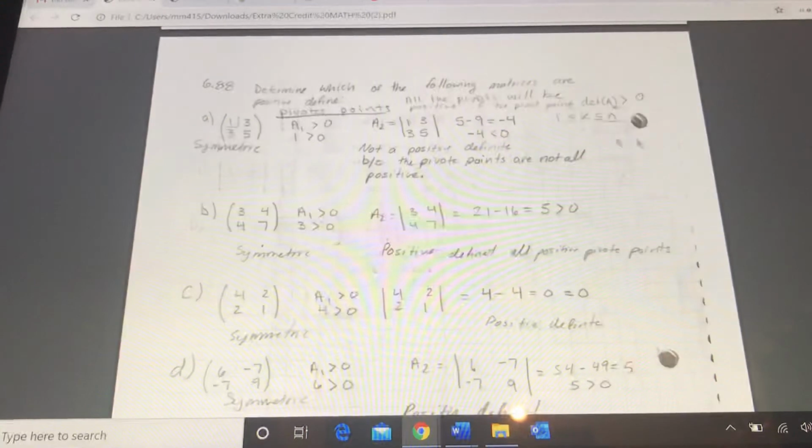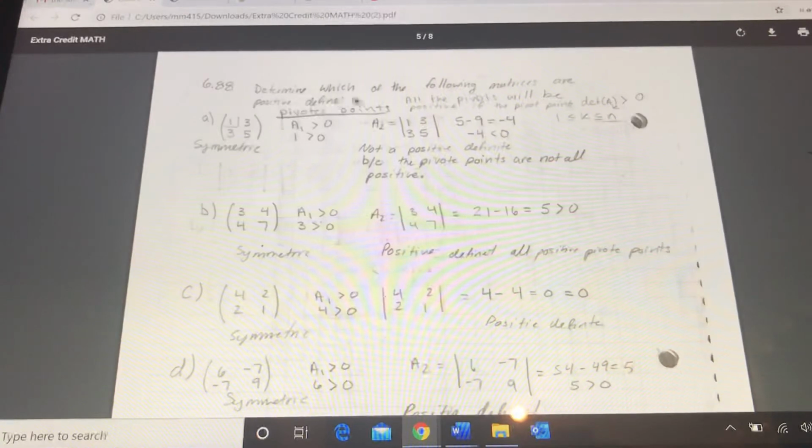Here we have to determine if the matrices are positive definite. I wrote it wrong here, but basically what I chose to do is, if it's symmetric, I'll find the pivot points and ensure that the pivot of the matrix is greater than 0, for any value equal to 1 or greater, up to positive infinity. So we evaluate it in chunks here, the pivot points.